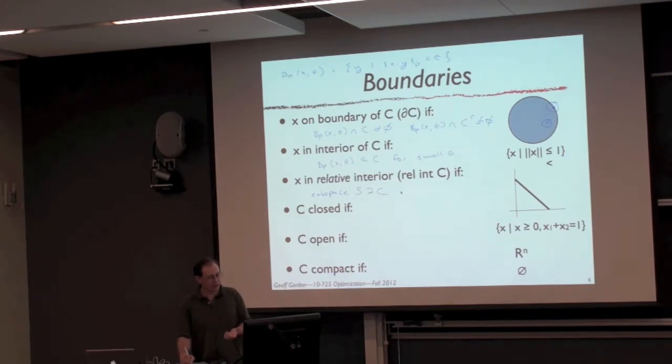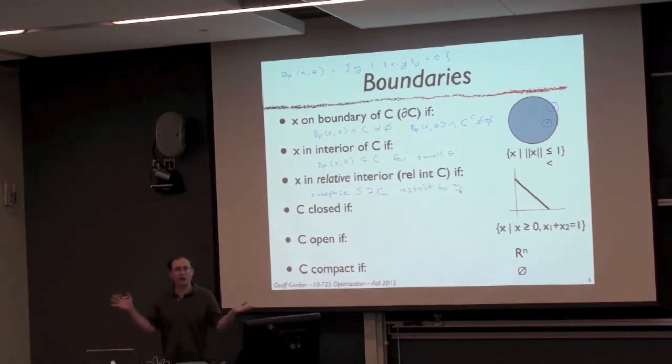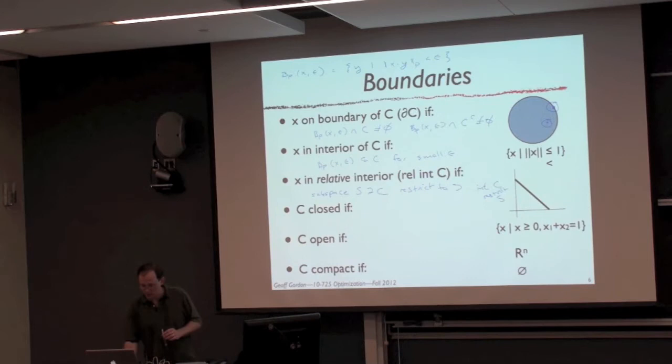And then restrict X to S. So throw away all of R^n outside of that subspace, and then ask, are we in the interior of C, restricted to S? I don't want to write a formal notation for what C restricted to S is, but you get the idea, right?